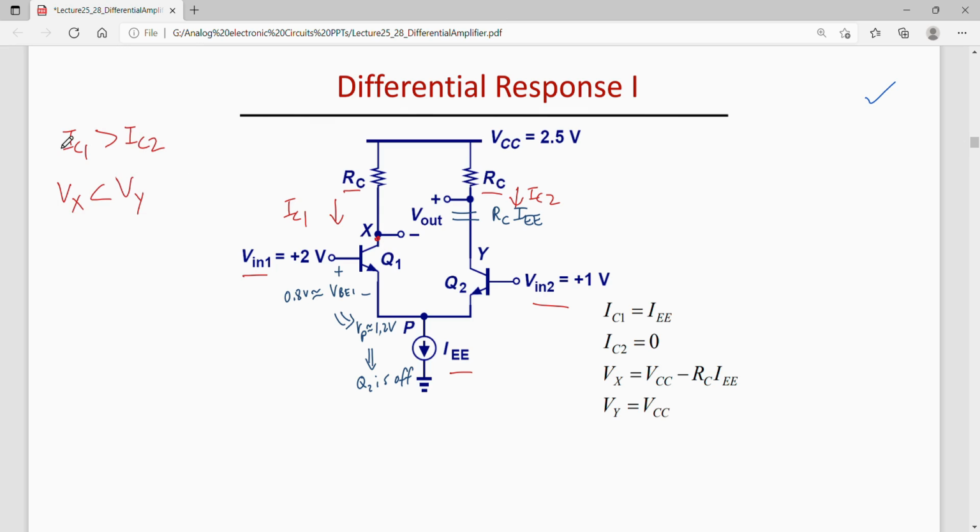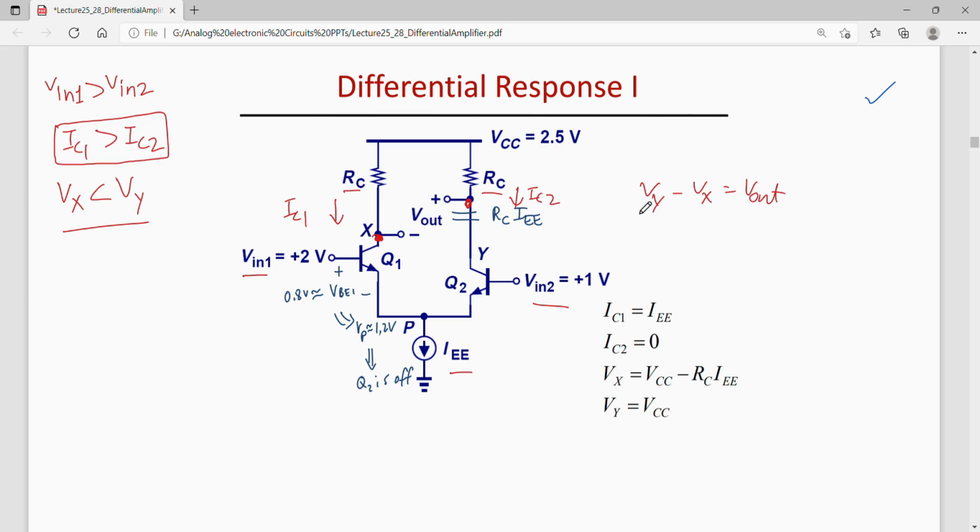So since IC1 is greater than IC2, because Vin1 is greater than Vin2, therefore the output at collector X should be smaller than the output at collector Y. So the differential output can be taken across this Vy and Vx, as Vy minus Vx.